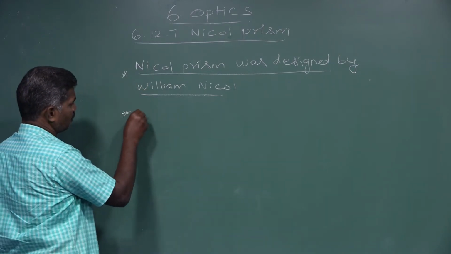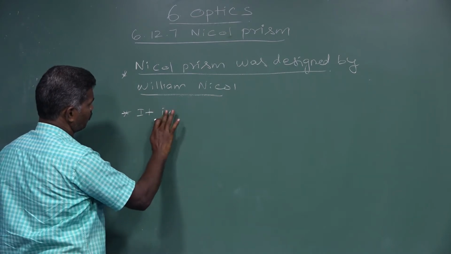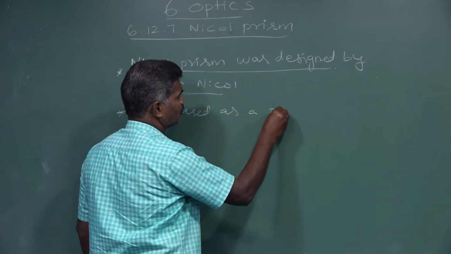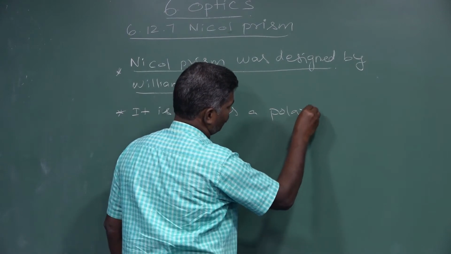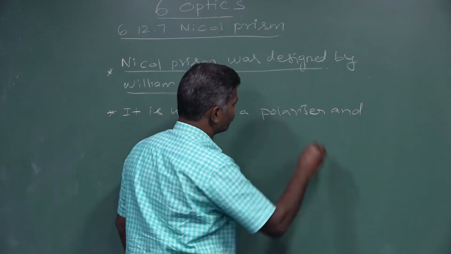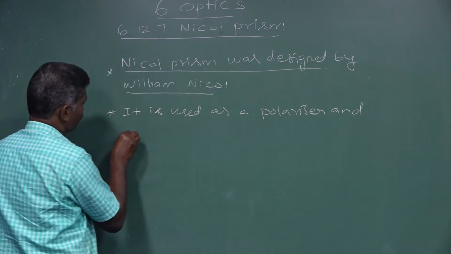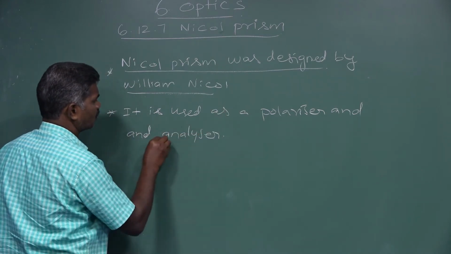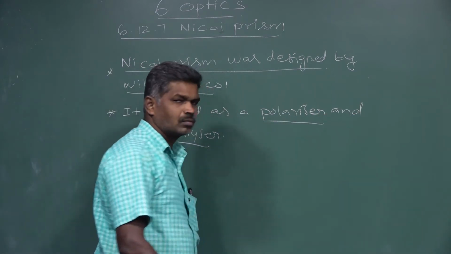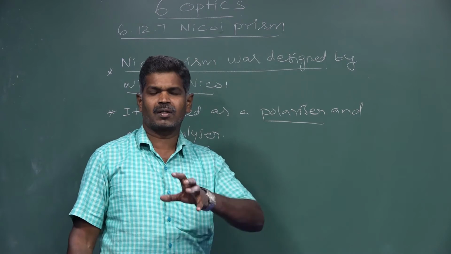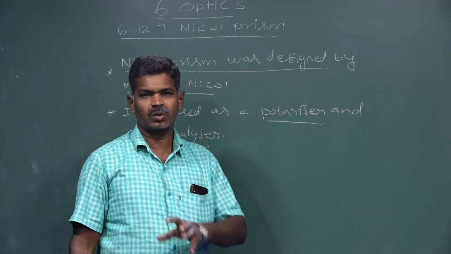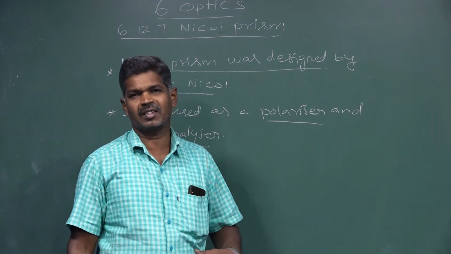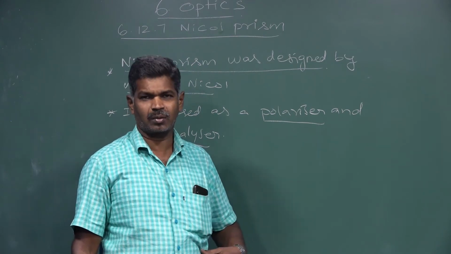It is used as a polarizer and analyzer. So from our ordinary light, it produces a plane polarized light, and whether that given light is polarized or not can also be analyzed.